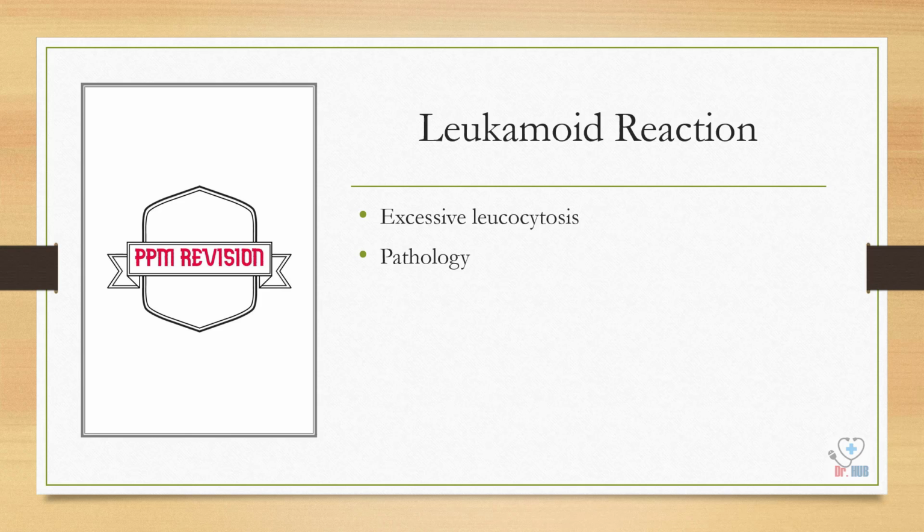Here the NAP or the LAP, that is neutrophil alkaline phosphatase, and also the leukocyte alkaline phosphatase, are usually higher, and this can be used to distinguish between CML, that is chronic myeloid leukemia, and the leukemoid reaction.